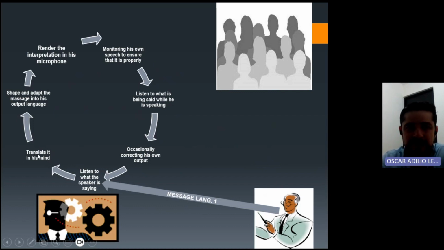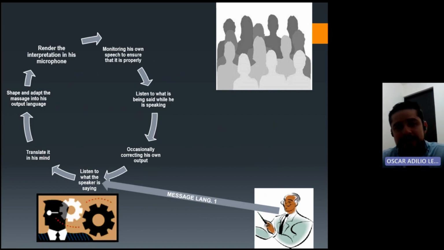And this process here, we'll see it later. There's a whole process there, but he translates the message in his mind. He then shapes and adapts the message into the output language, right? Because one thing is translation, and then we need to make sure that everything is correct, the grammar is correct, etc. Then, once he has the complete version of the message, he renders the interpretation through his microphone.